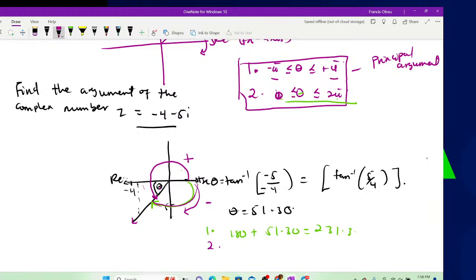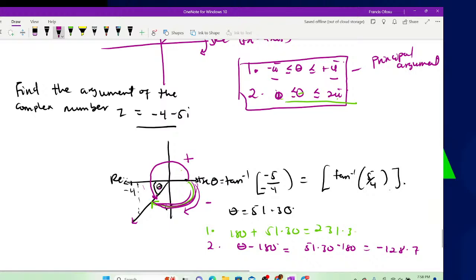So to find the angle here, it is theta minus 180, right? So this is going to give us 51.30 minus 180, which gives us negative 128.7.